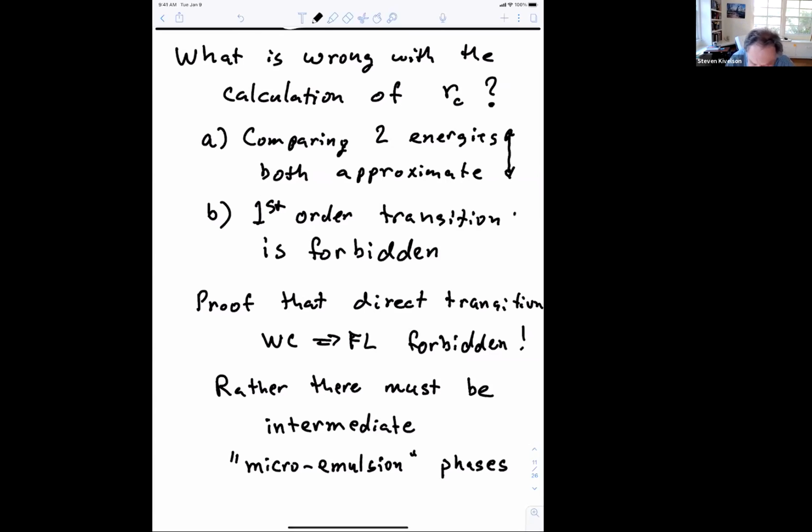But there's a more interesting issue, which is the next issue that I'm going to address, which is that we can prove a theorem that first order transitions are forbidden under the circumstances of being in 2 dimensions with Coulomb interactions. And therefore, there isn't actually a direct phase transition from the Wigner crystal to the liquid phase.